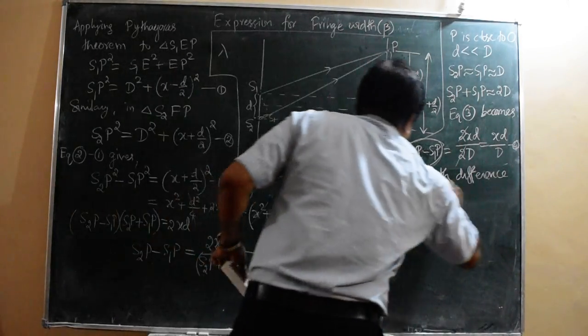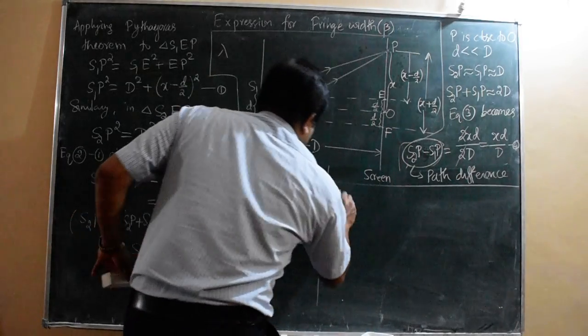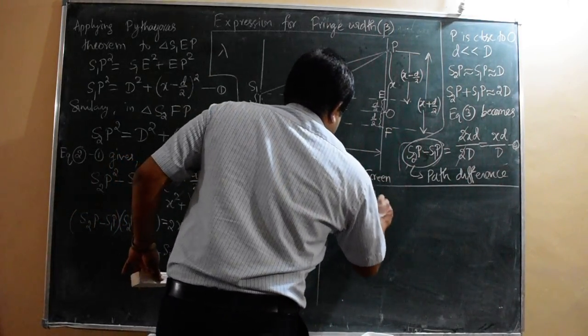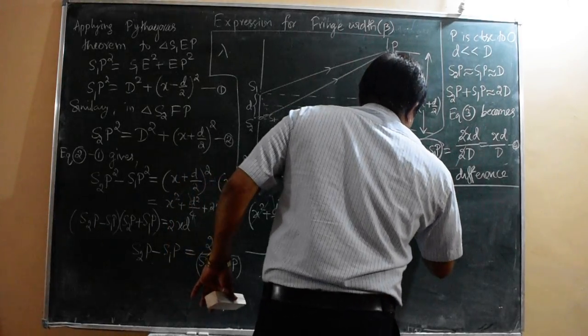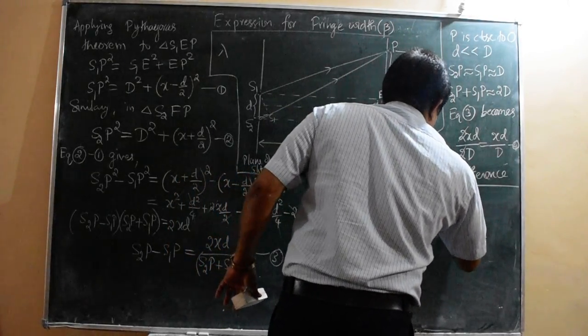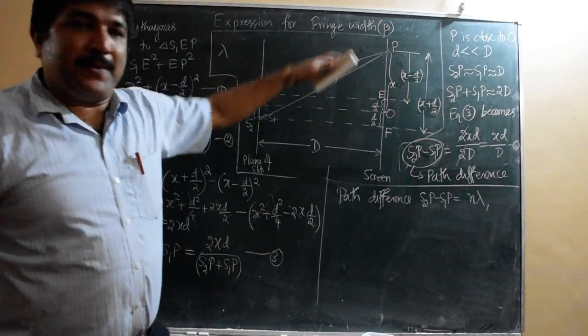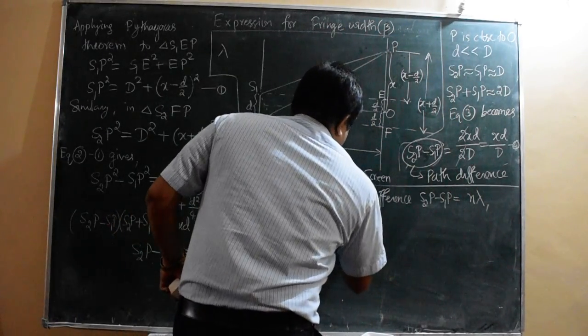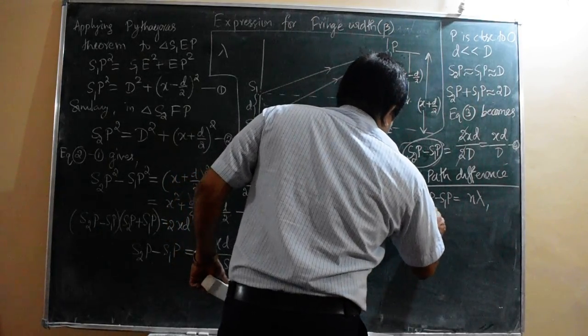Okay, so now what you have to do? If the path difference S2P minus S1P is equal to n lambda, then I get a bright fringe at P. We get a bright fringe if the path difference equals lambda.